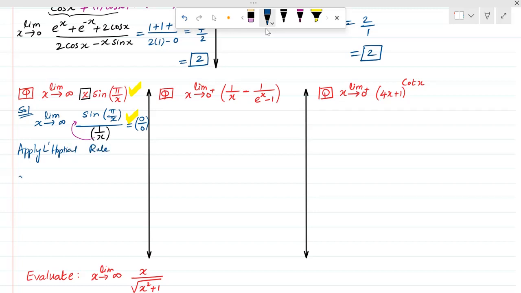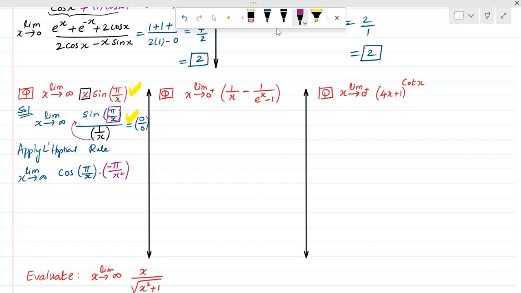When you apply the L'Hopital rule, differentiate the numerator and denominator separately. When you differentiate the sine, it becomes cosine pi over x. Done. Then differentiate inside, pi over x, so it is minus pi over x square. How will you get this part?